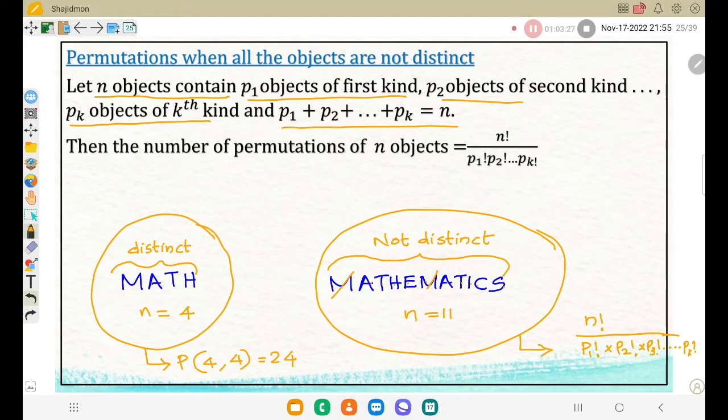Like that, for all the letters, how many times each comes, take that factorial. That is the total number of permutations of n objects. Okay, we can write it like this. So this is the idea here, section 4.3.1, the module permutation.